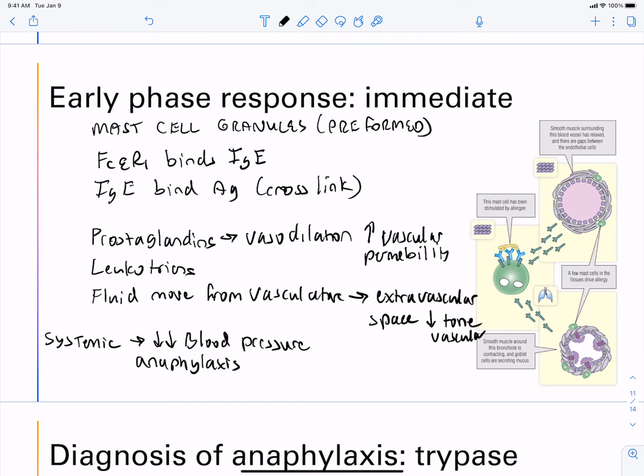And then early or immediate is also often called a wheal and flare reaction. So we're going to get redness and swelling, as serum is going to move into tissues as well as blood.